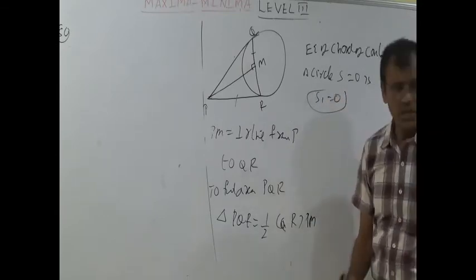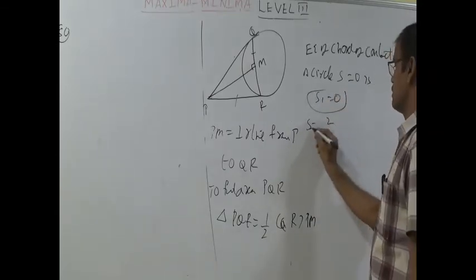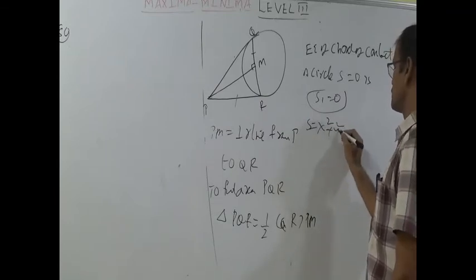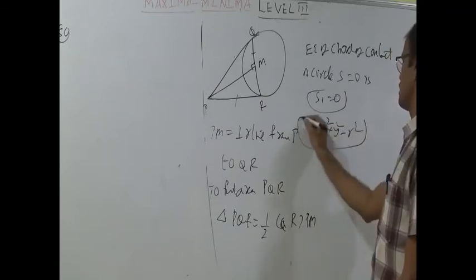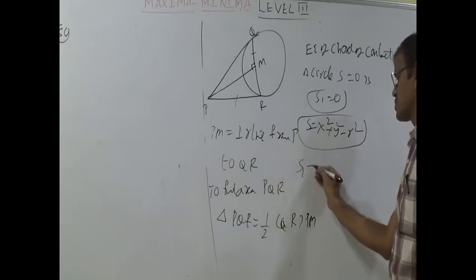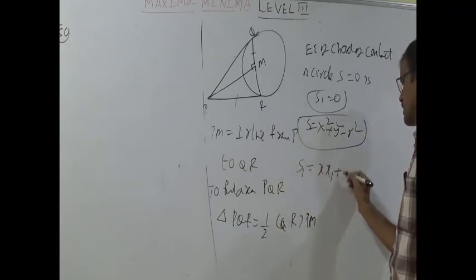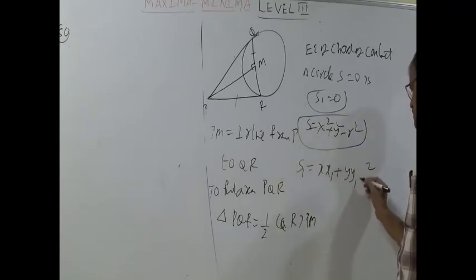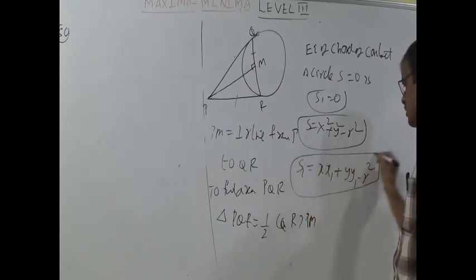So what is the notation of S1, sir? If S is the circle equation x square plus y square minus r square, S1 is equal to xx1 plus yy1 minus r square, this is the notation.